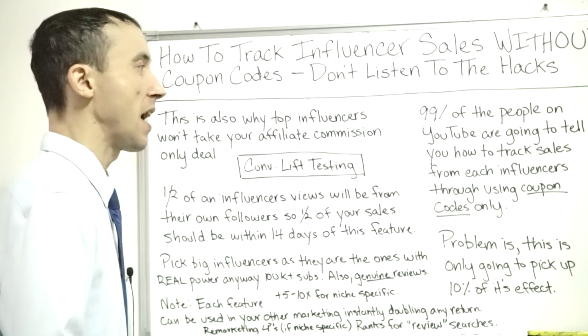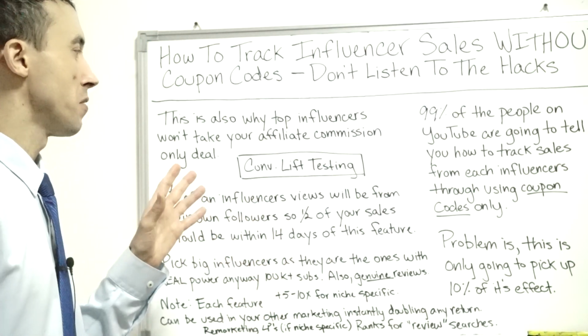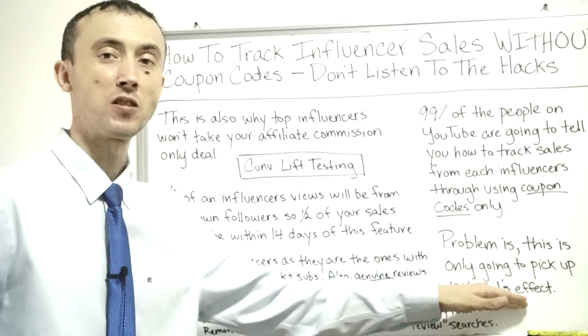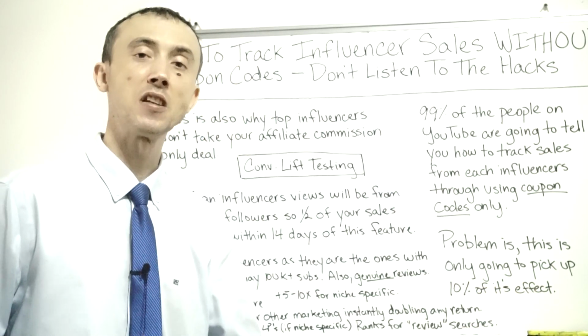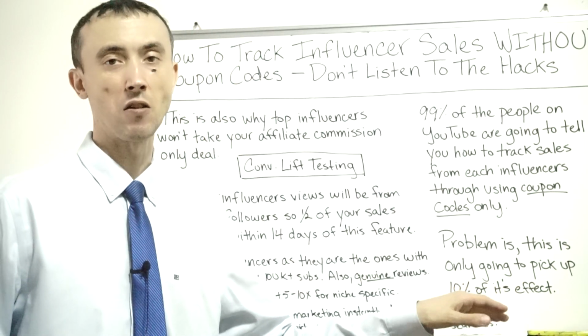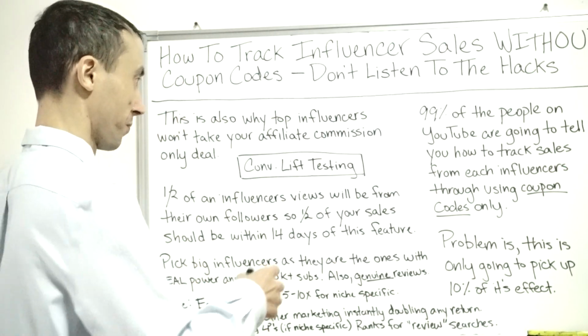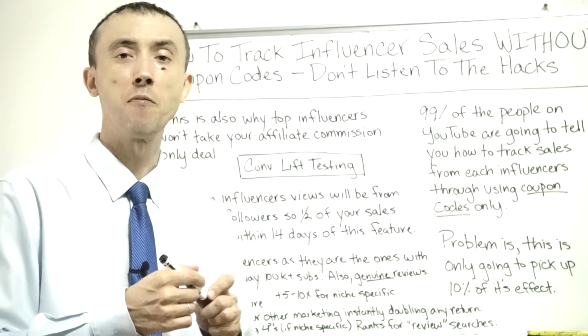The reason why that does not work is because only about 10% of the sales you're going to actually get from that influencer, and the true value from that influencer by itself, even if it does work, are going to show up under that discount code. It's why influencers are not going to take only your affiliate commission as the way of paying them.